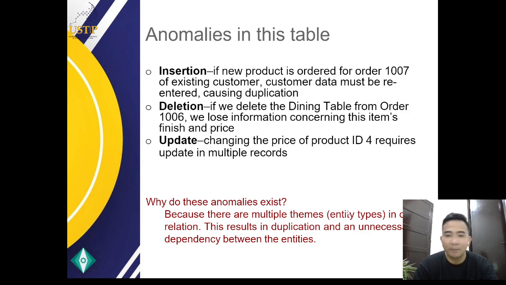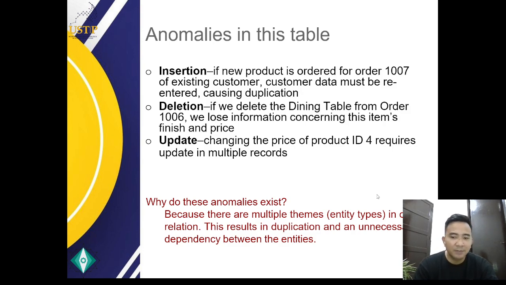And we also have the update or modification anomaly. Changing the price of a product requires updating multiple records. This is because the product information is duplicated in multiple rows, making it difficult to update the price consistently. So why do these anomalies exist? These anomalies occur because the invoice table combines information about multiple themes or multiple entity types.